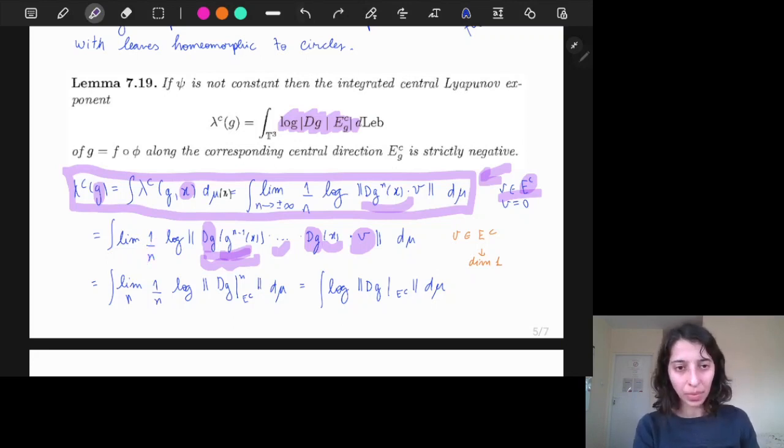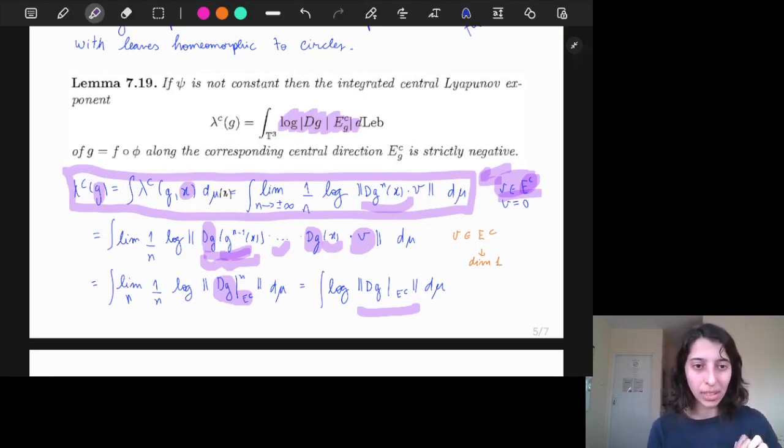So by taking v of absolute value 1, we have that this integral is the integral of this constant that defines the linear function of dG over this one-dimensional space, to the n. And then this n comes out of the log and is cancelled. And then this integrated center Lyapunov exponent is just the integral of the derivative of G restricted to the center direction. And this is good because this implies continuity.